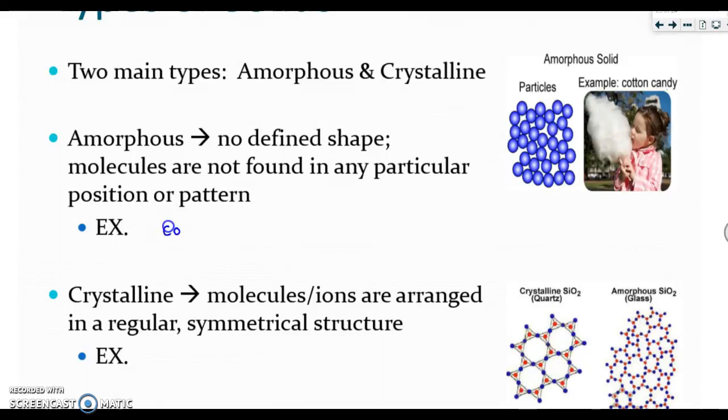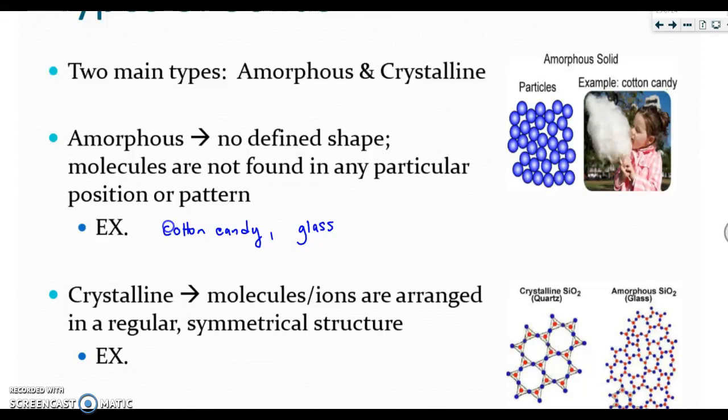I like that example because cotton candy is a solid, but it's kind of all over the place. Another good example of an amorphous solid is glass. If you cracked your windshield, or you broke a test tube, it doesn't break into the same exact pieces every single time. That's because glass is amorphous.